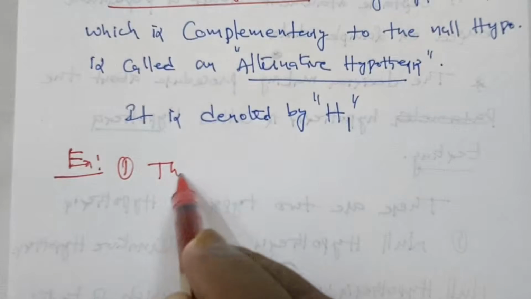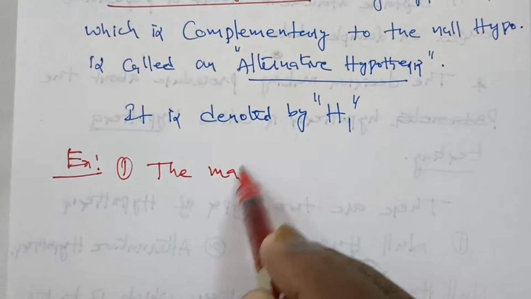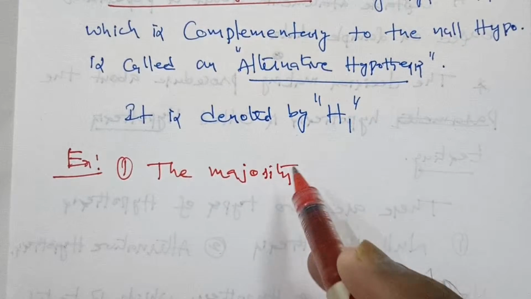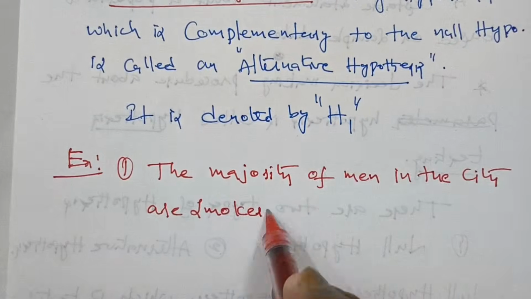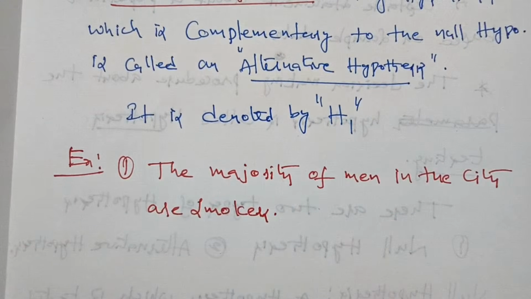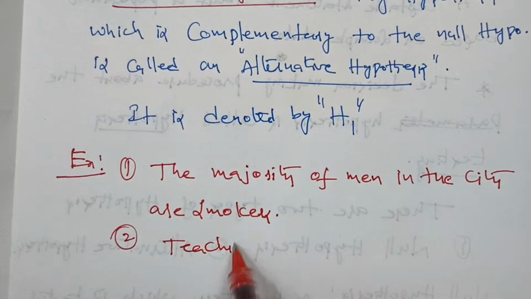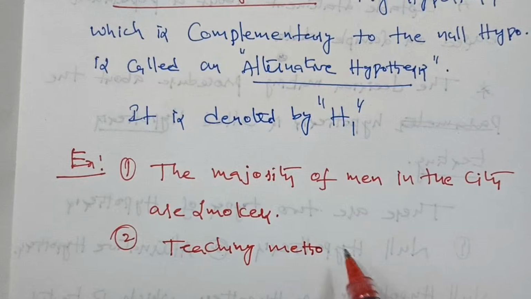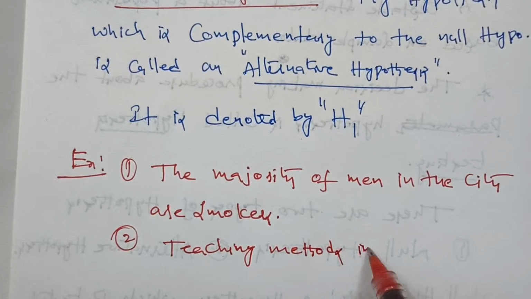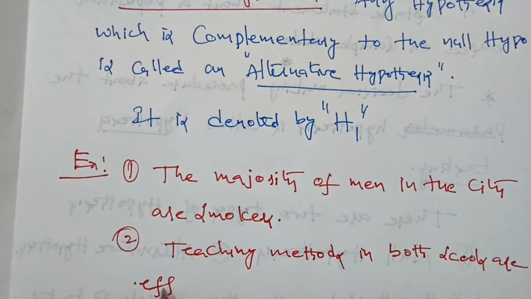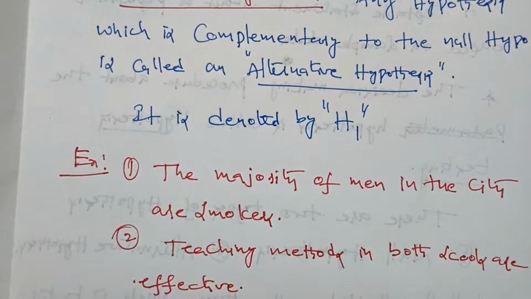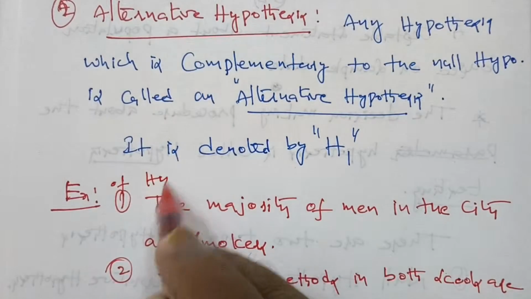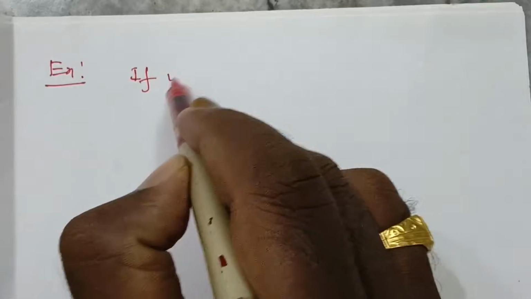For example, the majority of men in the city are smokers. Second example is teaching methods in both schools are effective. So these are the two examples for hypothesis.